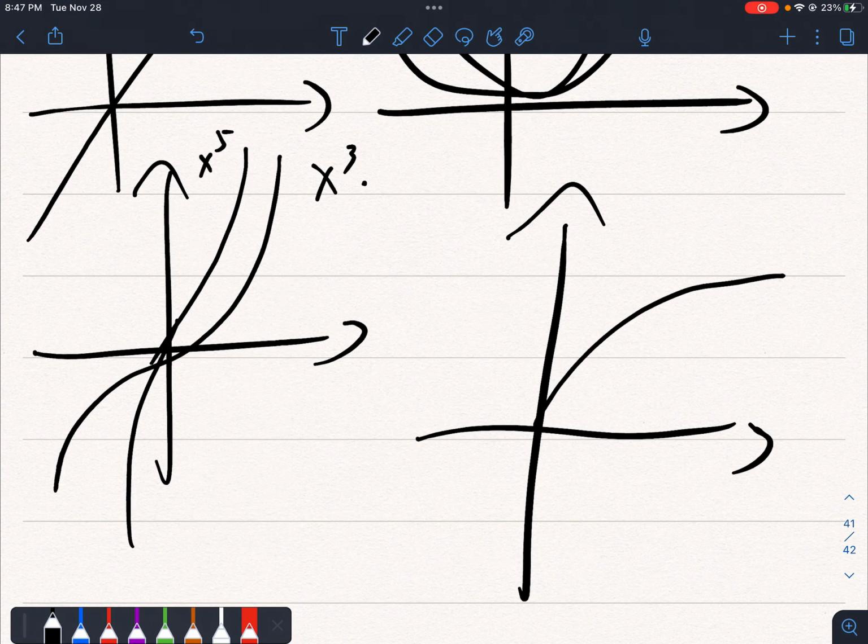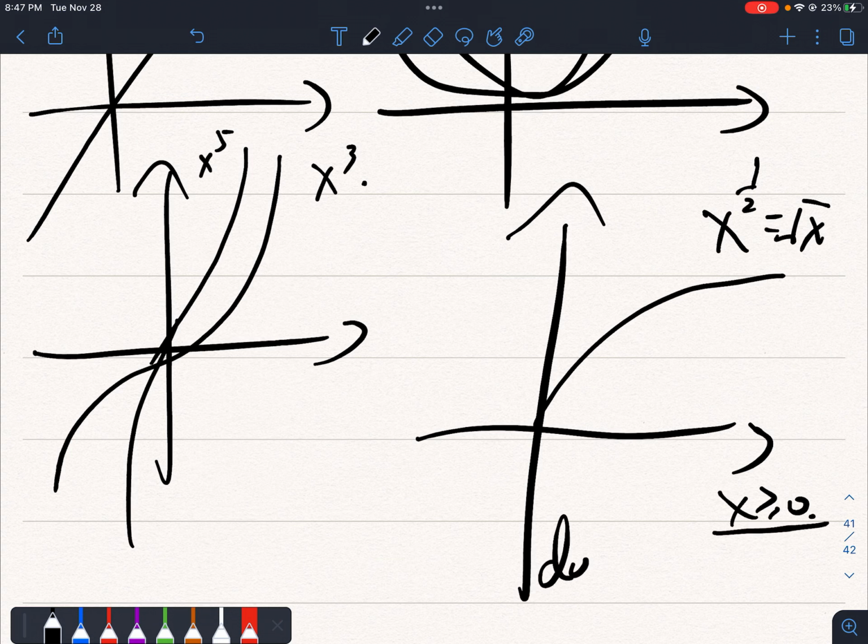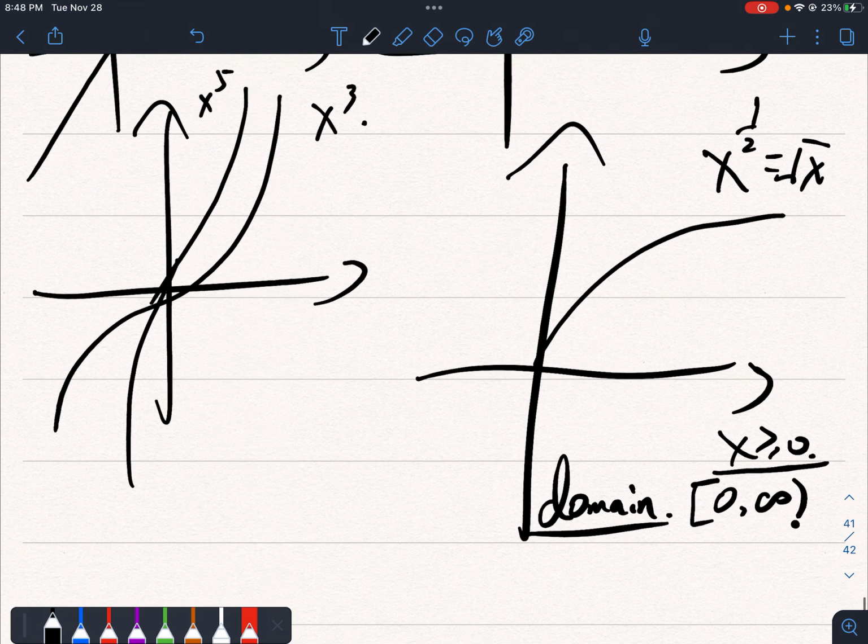And let's look at x to the power of 1/2. So then this is going to be square root of x, and this is only defined for x bigger than or equal to 0, which means the domain is the half open half closed interval from 0 to infinity.